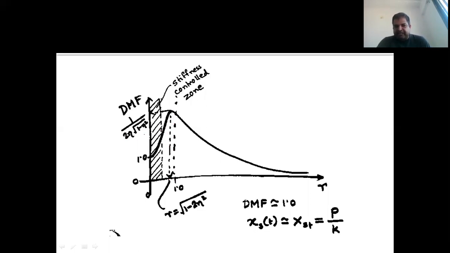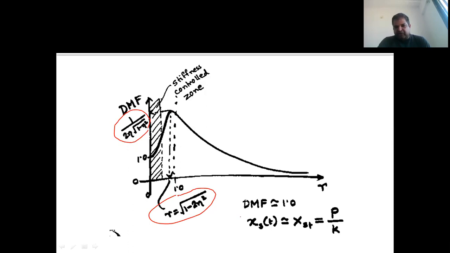You can calculate the maximum value of DMF with the help of this formula, which we have already seen, and the value of R where this maximum is reached you can calculate from this formula for this particular vibrating case.